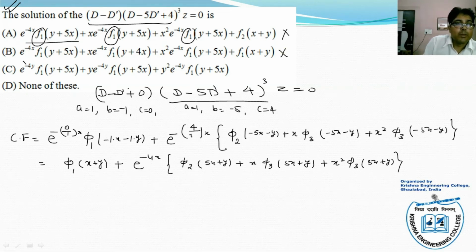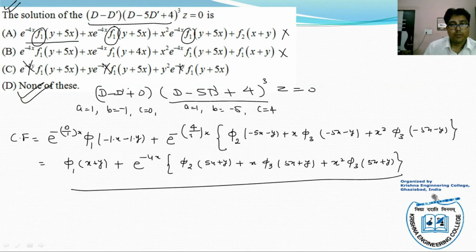Minus 4y, so option D, none of these, is correct. Clear. Sorry, this is phi 1, phi 2, phi 3, this is the phi 4. Clear? So option D is correct in this problem.